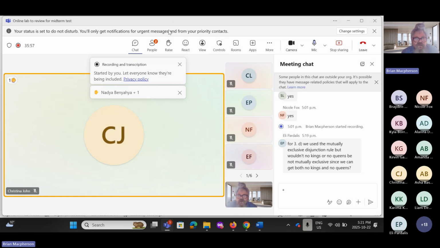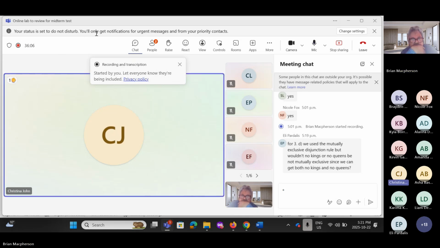Okay, did someone else have their hand up? I saw Christina and then Nadia. So Christina, how can I answer your question? Hi, we were just wondering if when we give our answer for the probability questions, would you want it in simplest form or no?